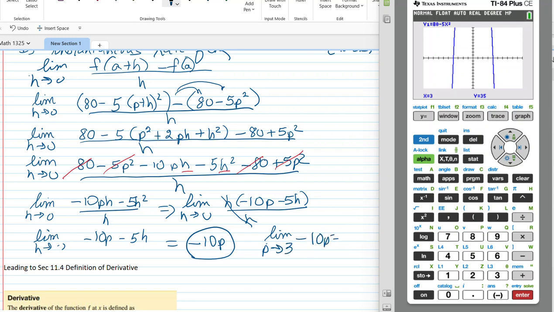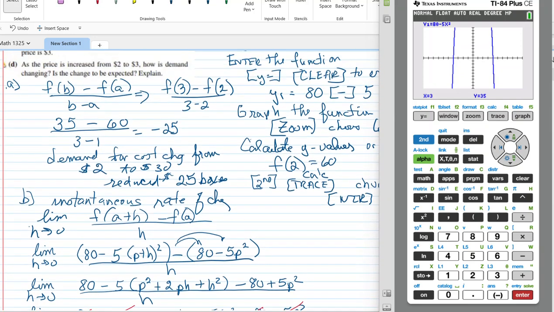Well, naturally, we're going to get negative $30. So the average in between, if we wanted to go in between the 2 and the 3, would be a less $30 per sales. So that's what that is.